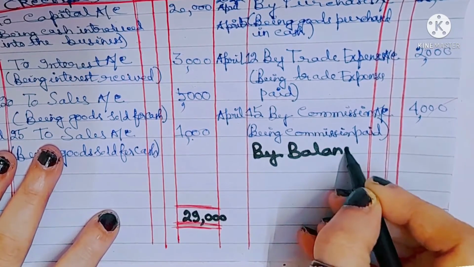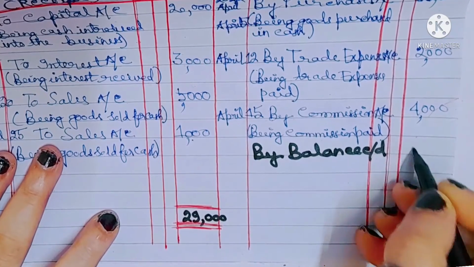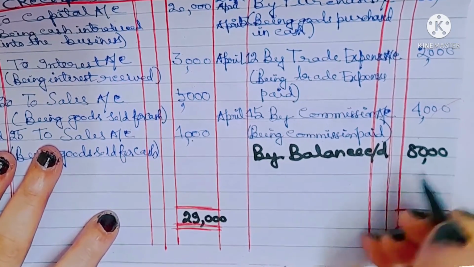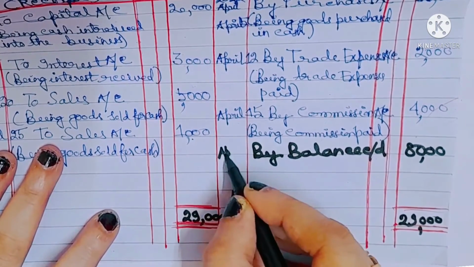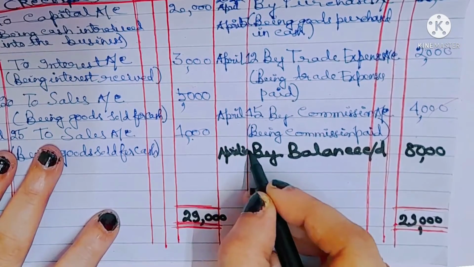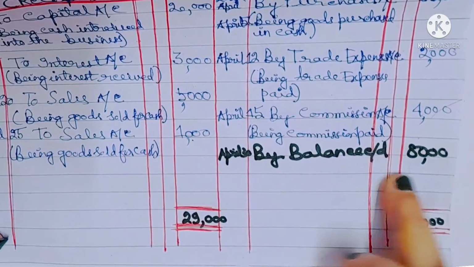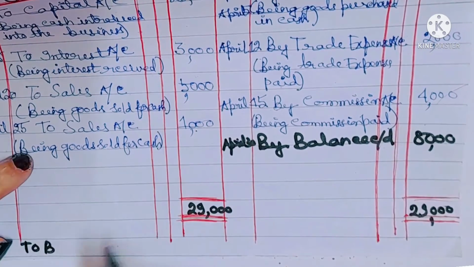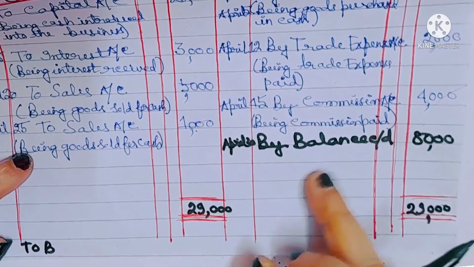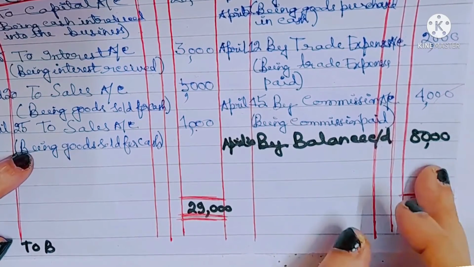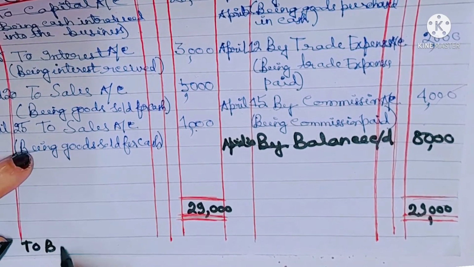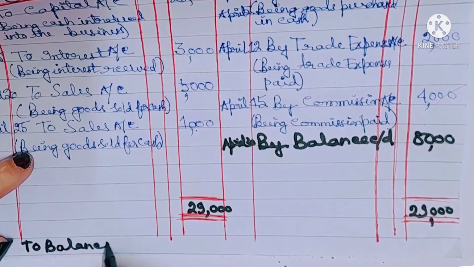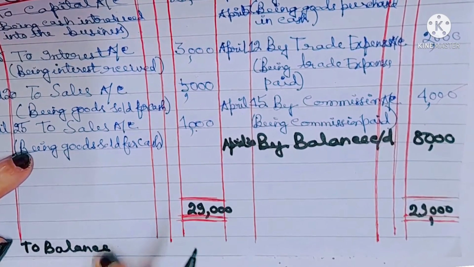This is the closing cash, 8,000, the last date in the month of April. So this is the closing cash 8,000 and this closing cash will become the opening cash. So this by balance CD 8,000 will be brought down beneath the debit total to balance BD. CD means carried down, BD means brought down.